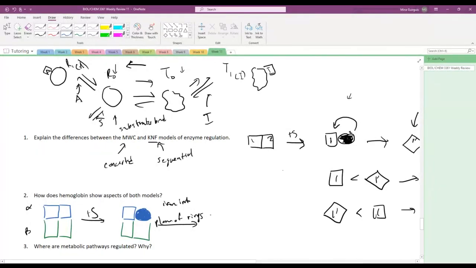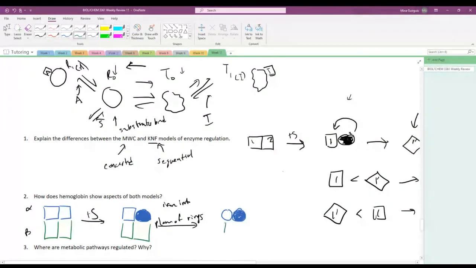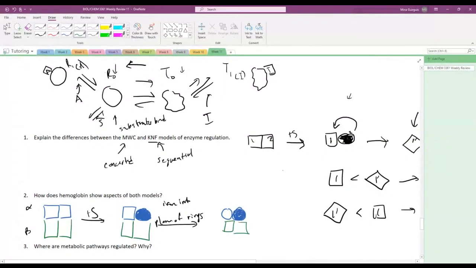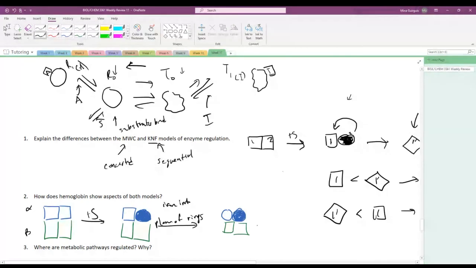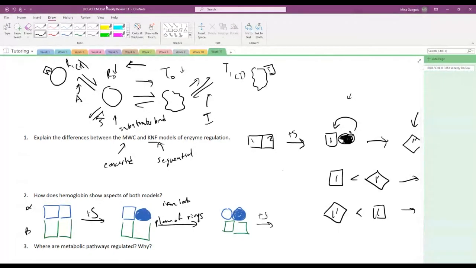And when that happens, that induces a conformational change in the second alpha subunit. So, subunit 1 bound, subunit 2 conformational change. That conformational change allows it to bind more easily to a substrate.